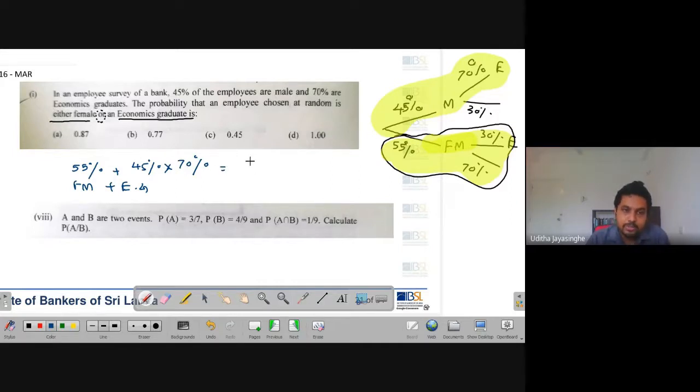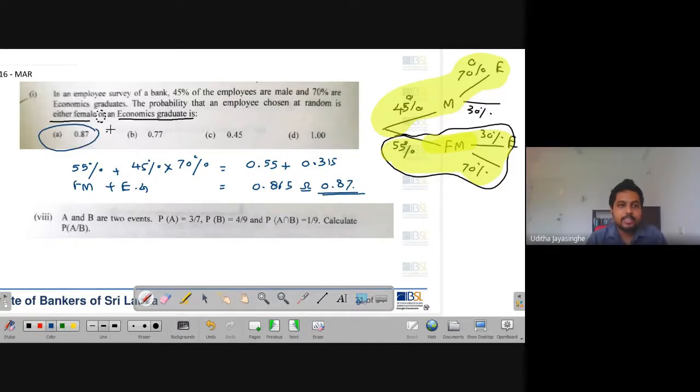So this is going to be 0.55 plus 45% multiplied by 70%, which is 0.315. If I add these two numbers together, I get 0.865. The closest answer that I can see is 0.87, or answer number A. Good question, isn't that so?